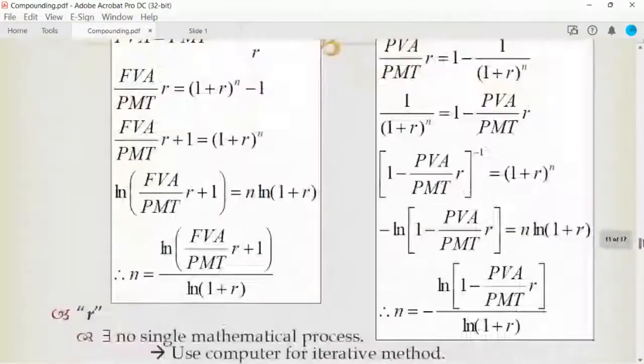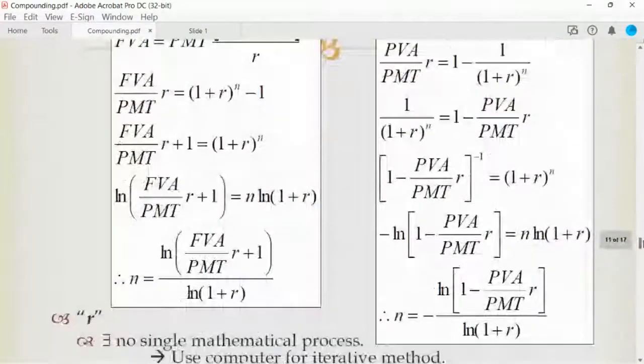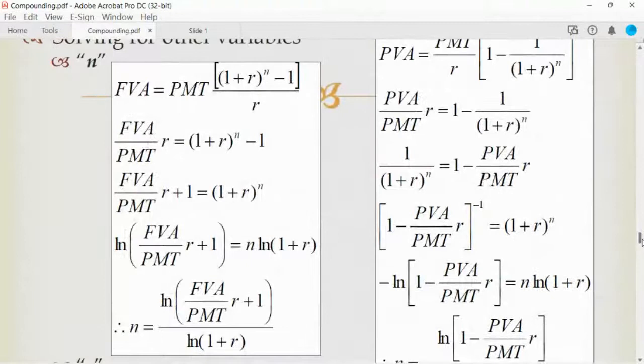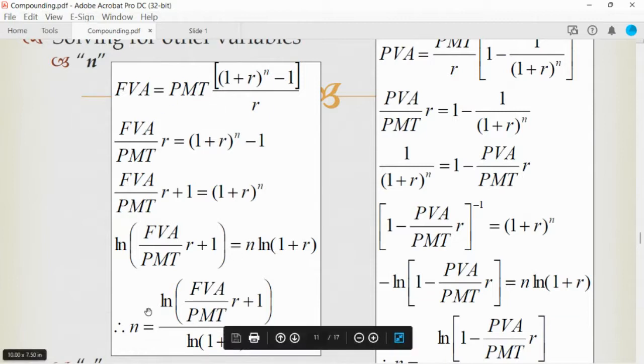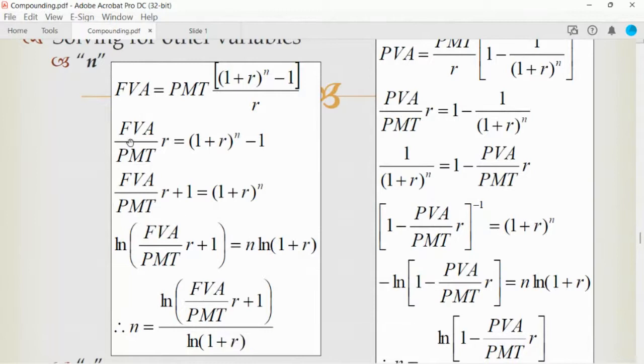I think that's page 11. Specifically for n, this is the formula for solving for n in the future value of annuity. The next one is for the present value of annuity, but we're not there yet.